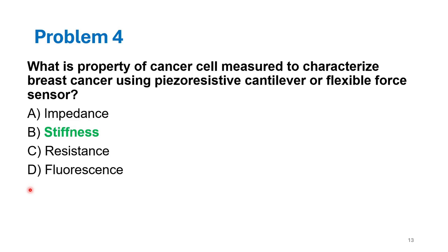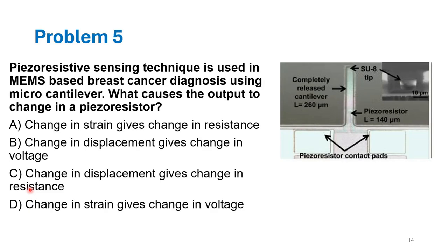A piezoresistive cantilever or a flexible force sensor is mechanical, like it converts a mechanical input into electrical output. That's correct. So among the various options provided, which is the mechanical term? It's the mechanical input, that is the stiffness. So that is the answer. Okay.